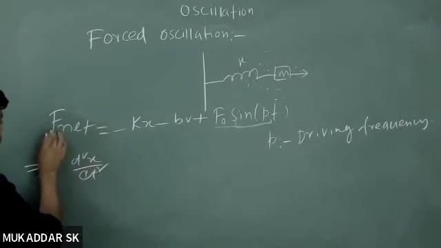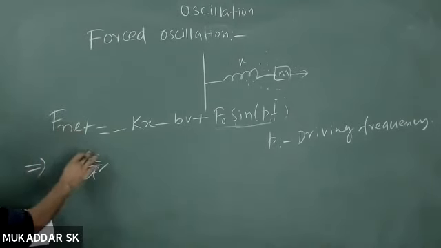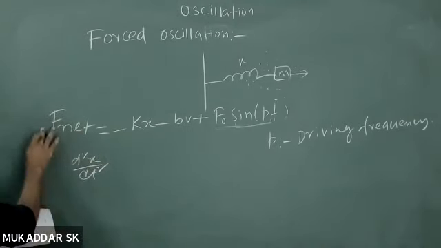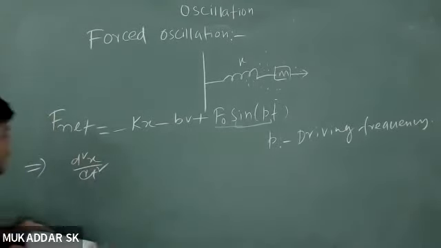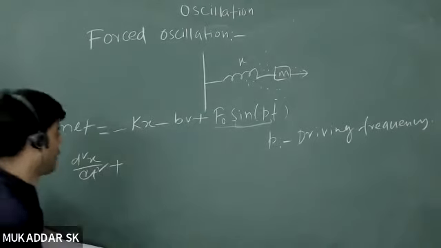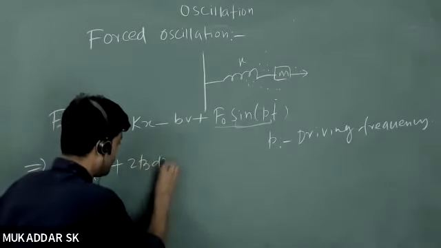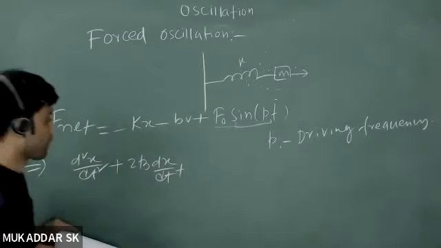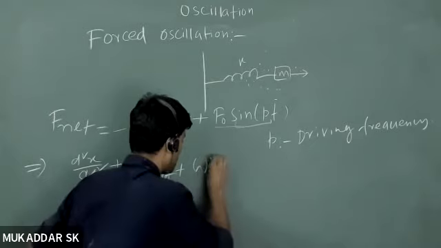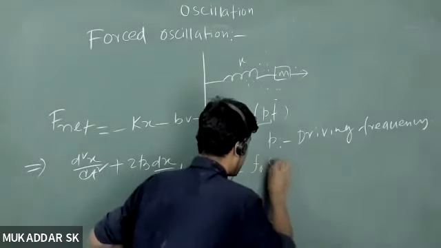F net is nothing but m into a, and a is acceleration, and whatever m I have, I'll divide this side. So I'll get this kind of term, 2 beta dx by dt, and you will have third term, that will be omega naught square x, and that should be equal to small f naught sin pt.